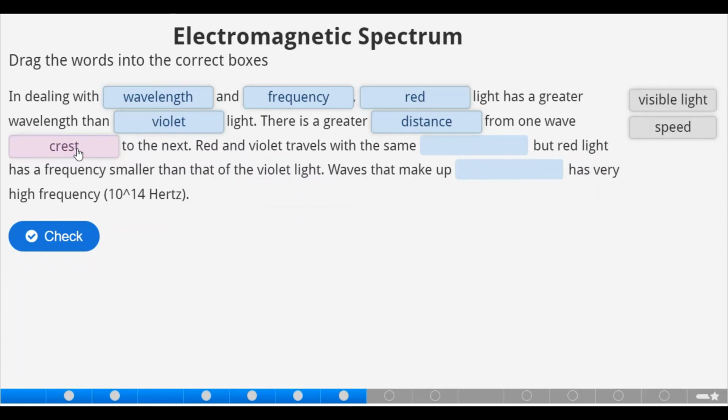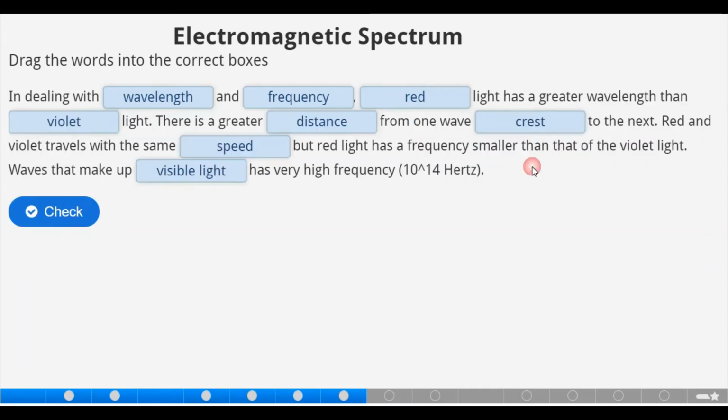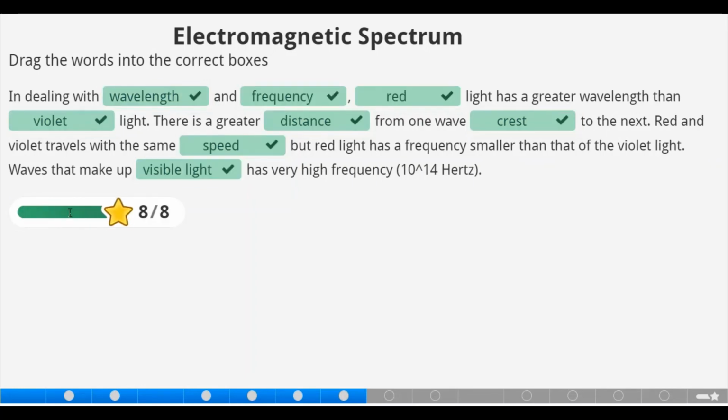Red and violet travel with the same speed, but red light has a frequency smaller than that of violet light. We can make up visible light, which has very high frequency, and that frequency is 10 raised to the power 14 hertz. So we check. That's correct.